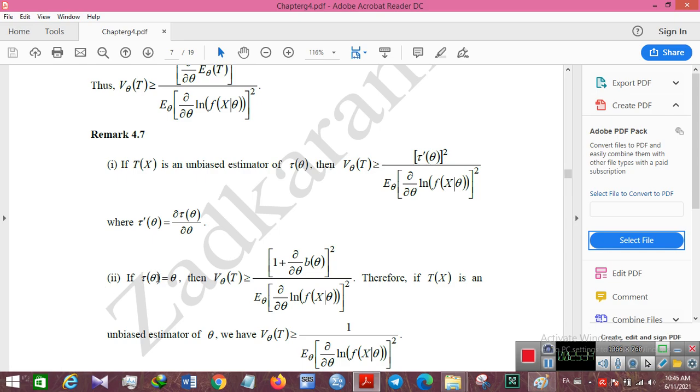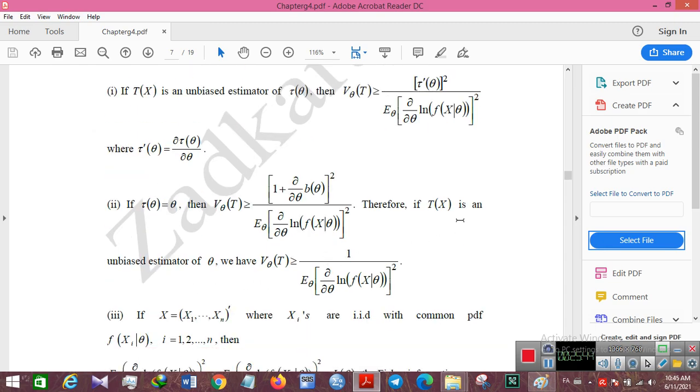Actually, if γ(θ) is equal to θ, the derivative of θ with respect to θ is 1 and we have this form of inequality. If T(X) in addition is unbiased, then the variance of T(X) is greater than 1 over the expectation of (∂/∂θ ln f(X)) squared.